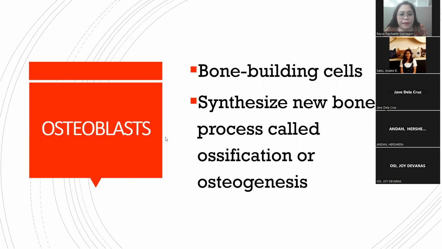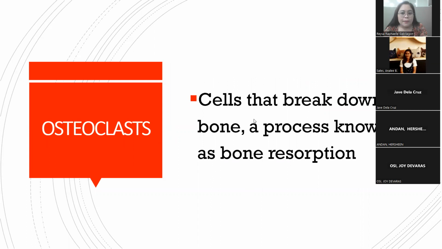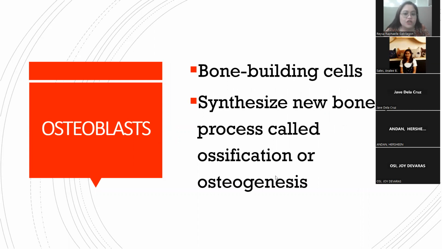However, the one naman that are responsible in building new bones, since we are going to synthesize new ones, are the osteoblasts. Okay, again, this type of cells synthesize new bones. The process is called ossification or osteogenesis.